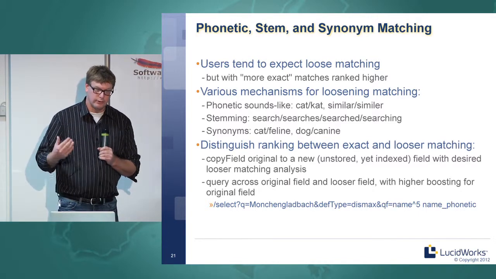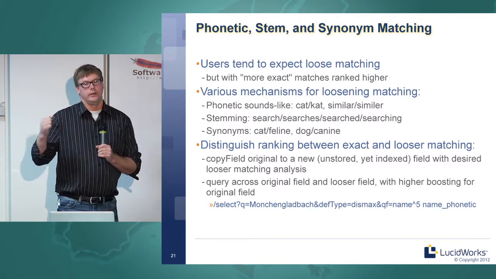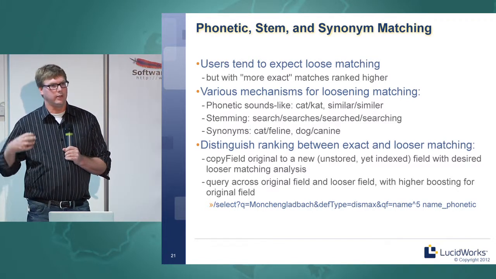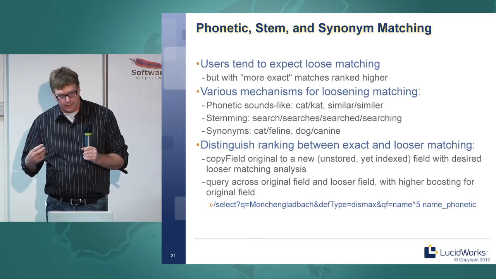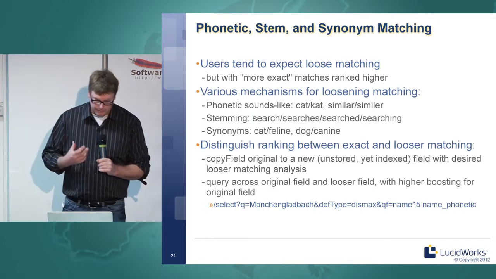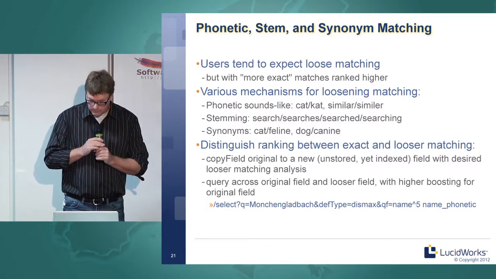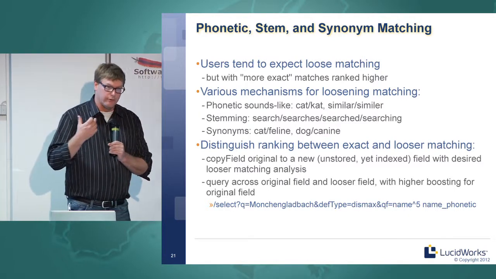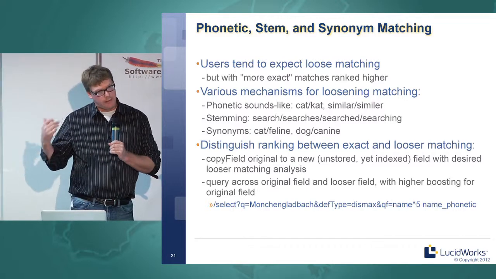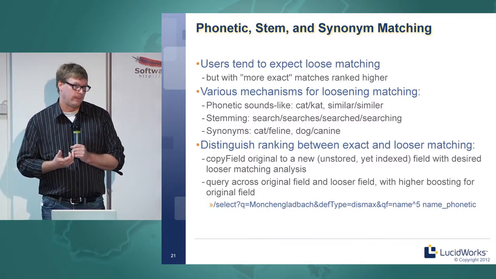So one of the things that you can do is copy field your text into another field where you turn on the phonetic filter or you turn on stemming, and then you can use the Dismax, as you see in the bottom example here, where we Dismax across the original field and then a phonetic field, and we boost the exact matches higher.